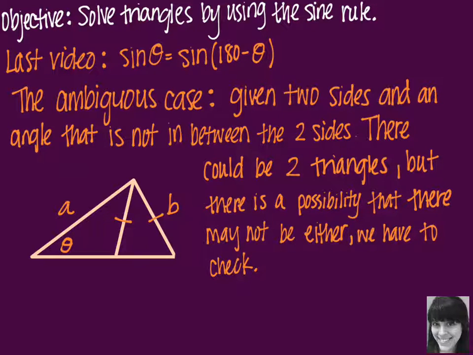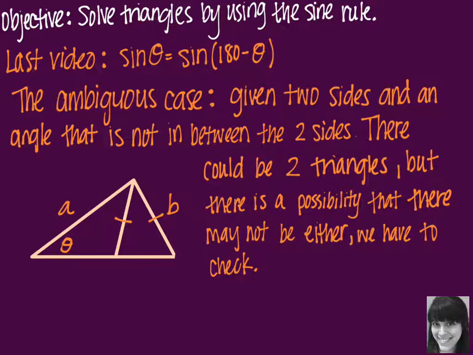The ambiguous case is only applicable when you have two sides and an angle that is not in between the two sides, which is for most of the triangles that we use the sine rule for. There could be two triangles, but there is a possibility that there could not be. So we have to do a check. And I'll show you what I mean on the next example.